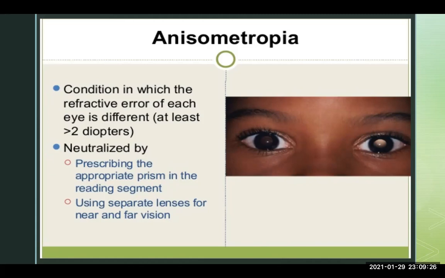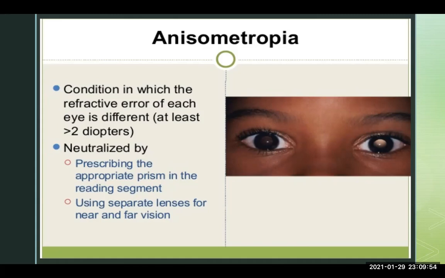So anisometropia means unequal refraction of both eyes. It is a condition in which the refractive error of each eye is different, at least more than 2 diopters. There are refractive errors in both eyes with more than 2 diopters difference, or one eye is sound with no errors and the other eye has a refractive error of more than 2 diopters.